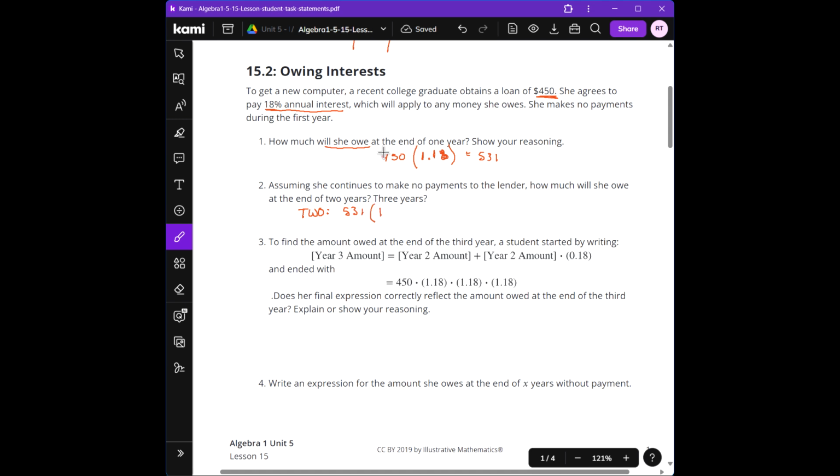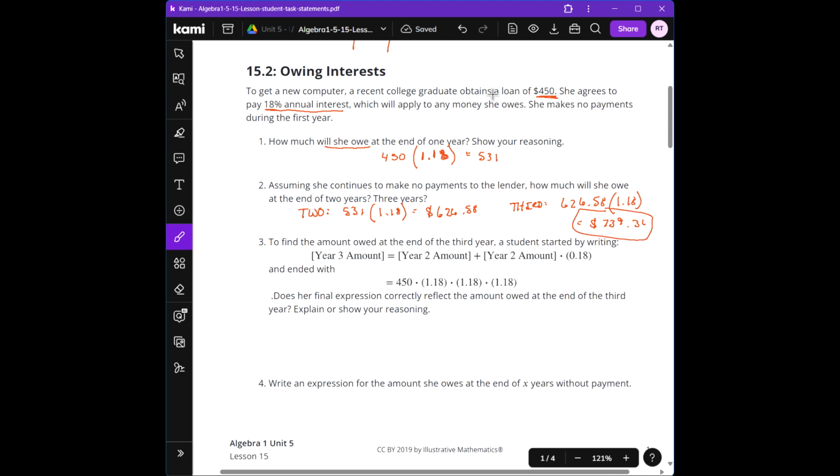Then we multiply that by 1.18 for another year that's passed with no payments made, and that's going to be 626.58. Then for our third year, we take that 626.58 and multiply it by 1.18, and we get about $739.36.